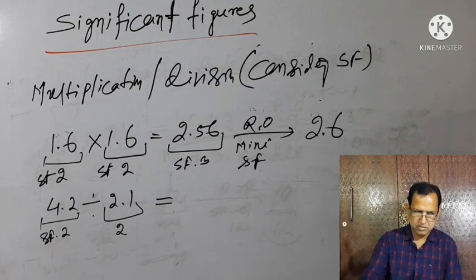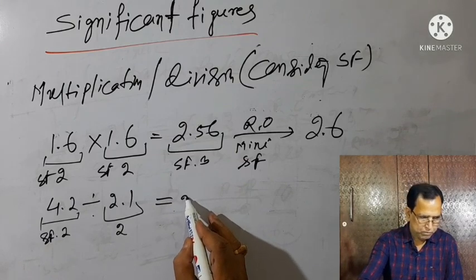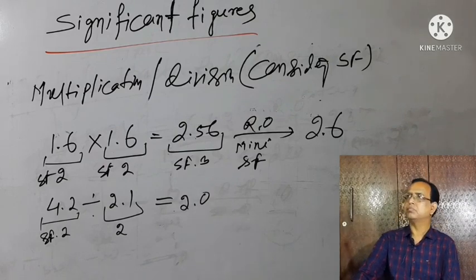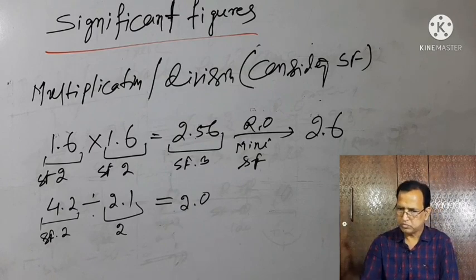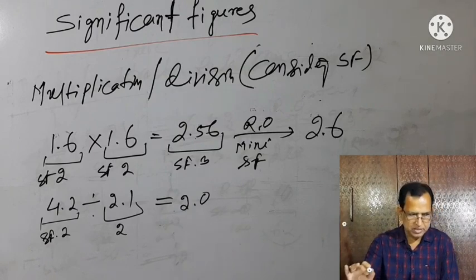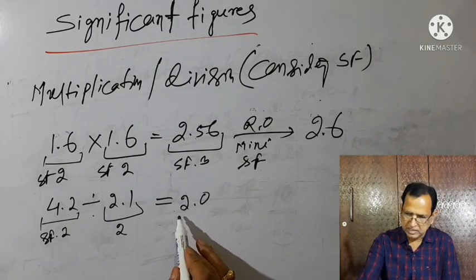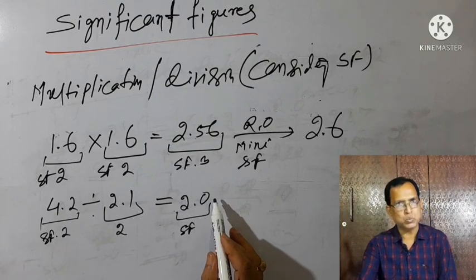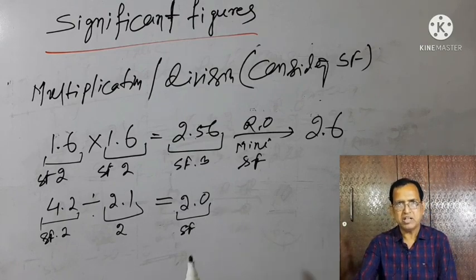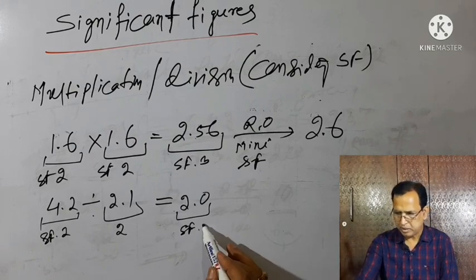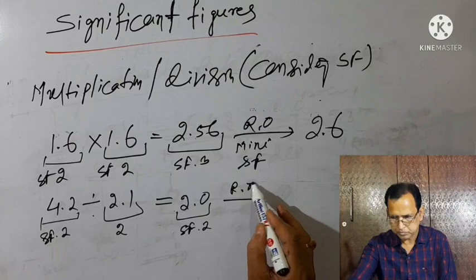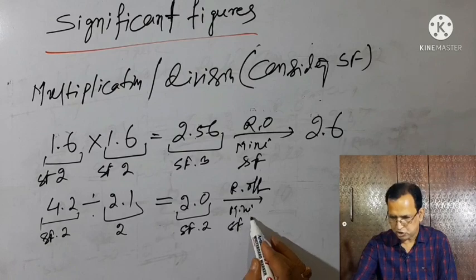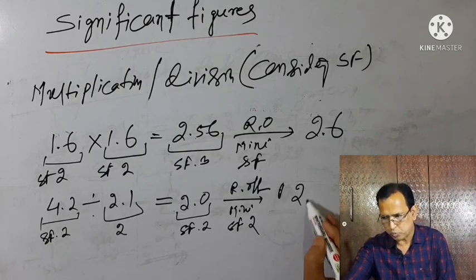The normal answer is 2.0. So 2.0 means the significant figures are also 2. Why? In this case, the 0 is a trailing zero, so the significant figures are 2. Round off up to the minimum significant figure, that is also 2. So the answer is also 2.0. This is the answer.